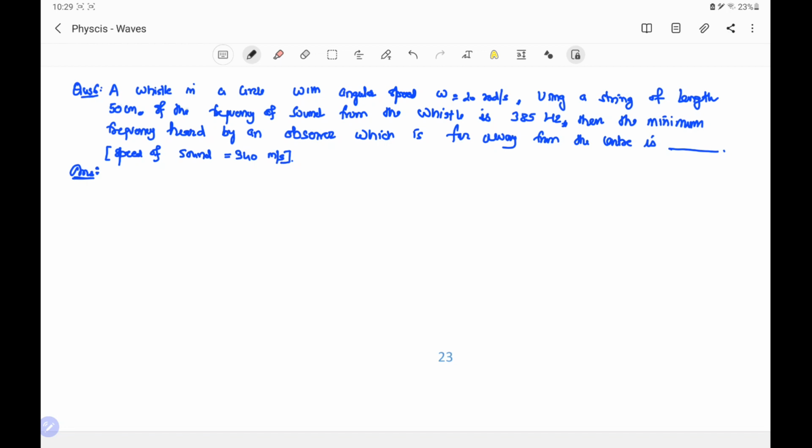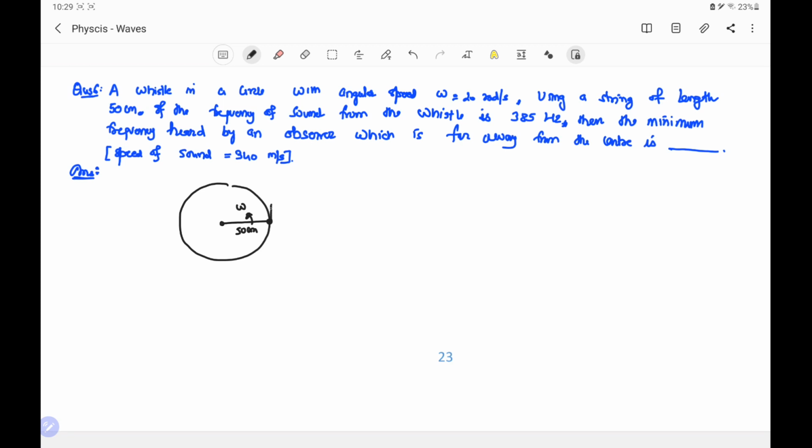Sixth question. A vessel is revolving in a circle with angular velocity omega equal to 20 radian per second using a string of length 50 centimeter. A string of length 50 centimeter to which a vessel is tied is revolving with angular velocity omega given as 20 radian per second.